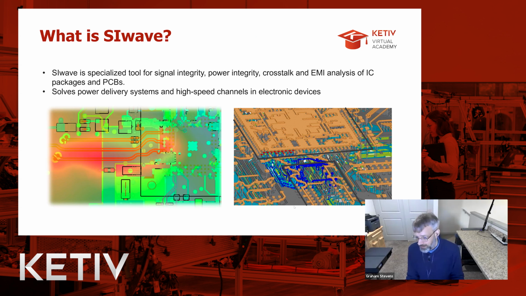And the tool that Ansys uses for diagnosing and fixing these issues before you even build the board is called SI Wave. And it's a specialized tool focused on PCB boards, looking at signal integrity, power integrity, crosstalk, and EMI analyses, and can handle your high-speed devices.